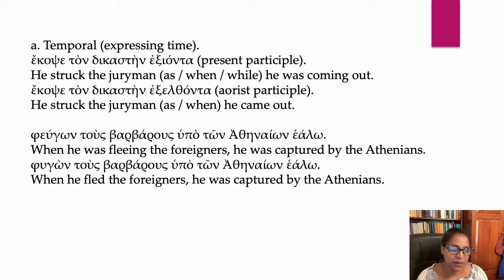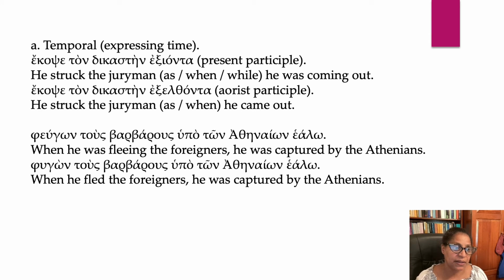Unless a sentence is really, really short, it's almost always the case that there is a participle involved. So it's good to have ways of translating your participles in the most fluent, idiomatic English.